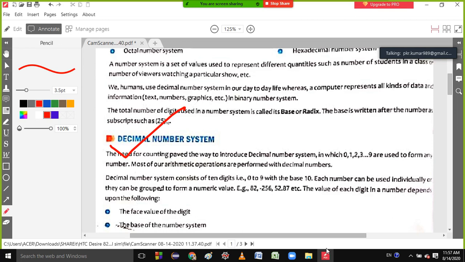The number which is made by two digits, that means 0 and 0 to 9, is called decimal numbers. Okay, listen very carefully. I'm sorry, not two digits, 0 to 9, that means 10 digits. The numbers which are made by 10 digits are called decimal numbers.